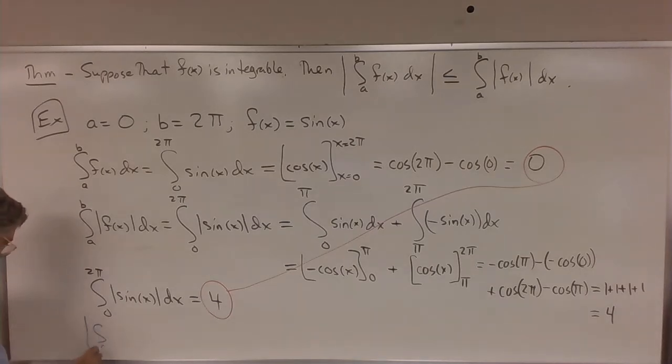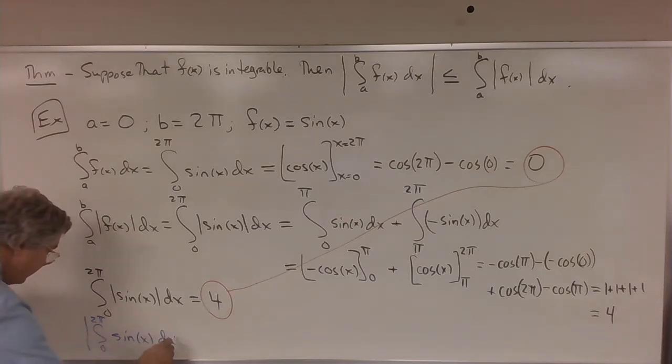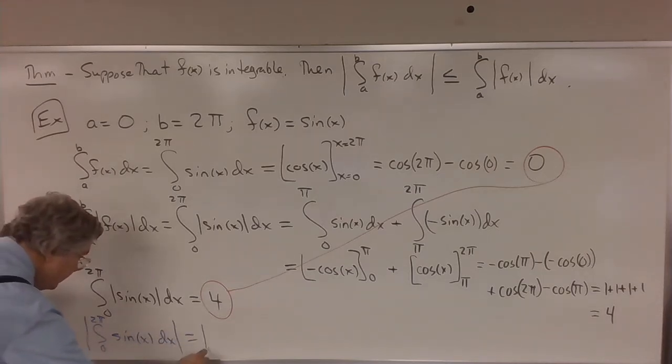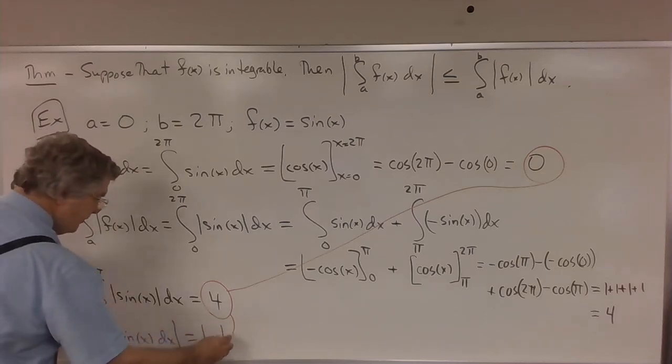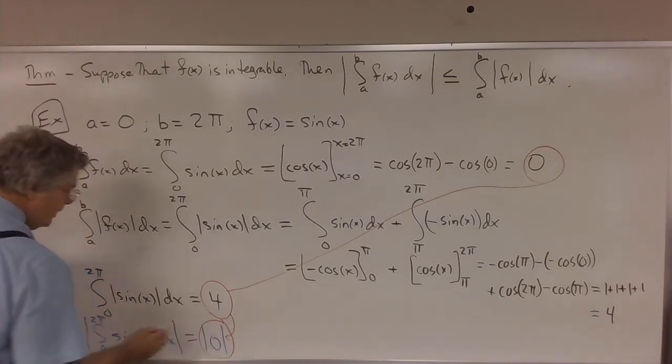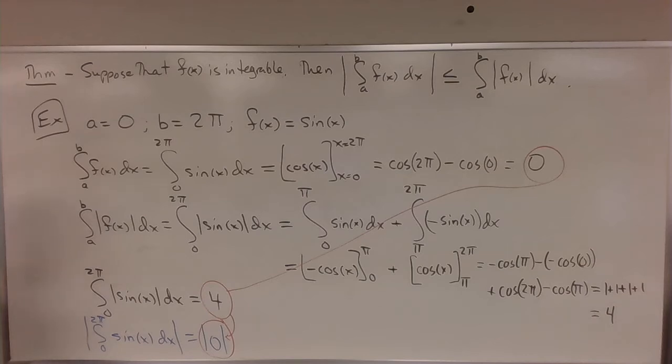Absolute value of the integral from 0 to 2 pi of sine of x dx is equal to the absolute value of 0. Yeah, so the integral of the absolute value is definitely greater than or equal to the absolute value of the integral. So in this case, it holds.